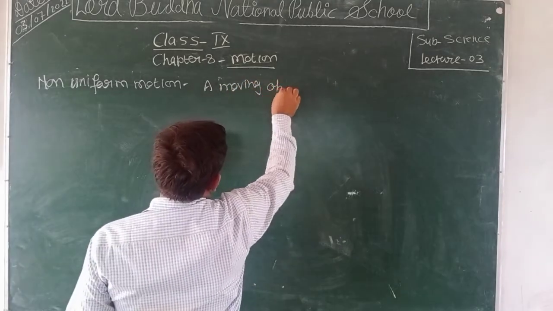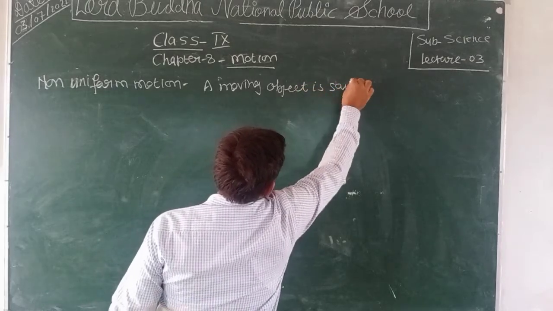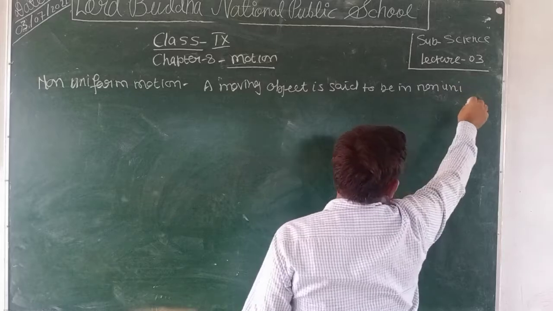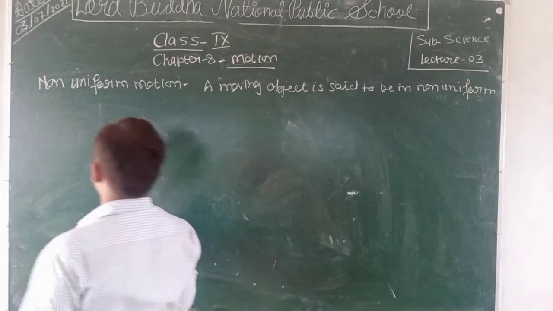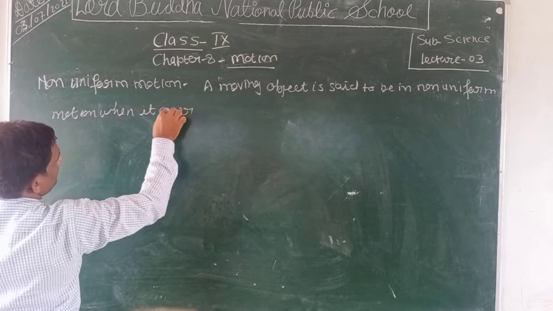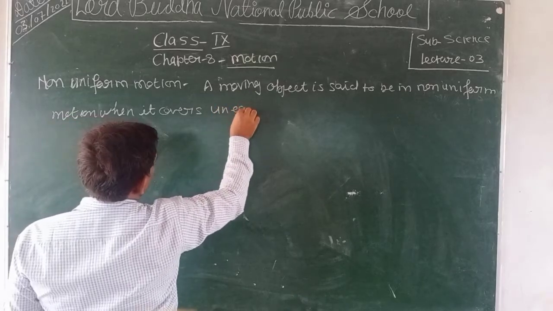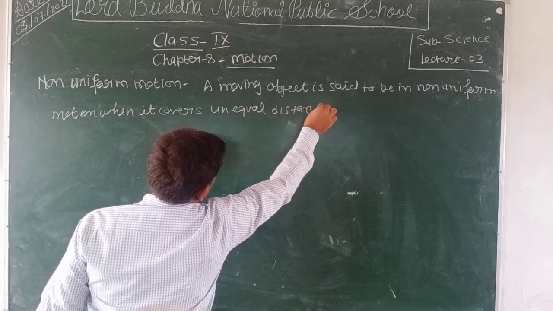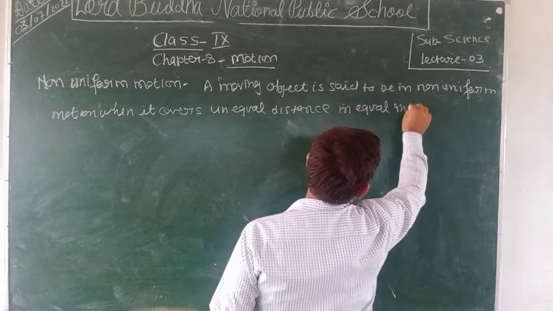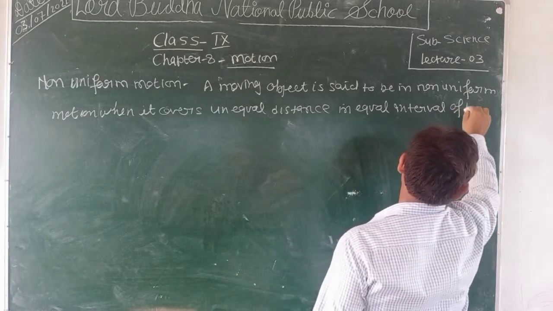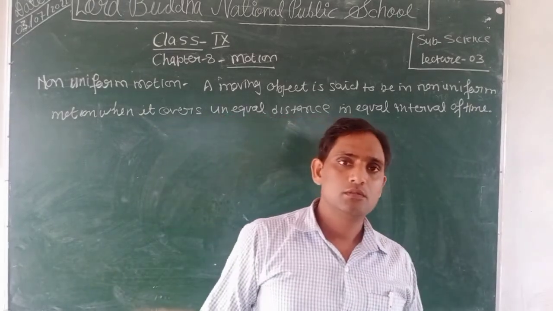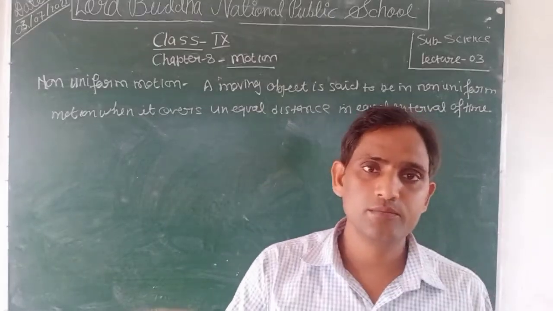A moving object is said to be in non-uniform motion when it covers unequal distance in equal interval of time, however small the intervals of time may be.